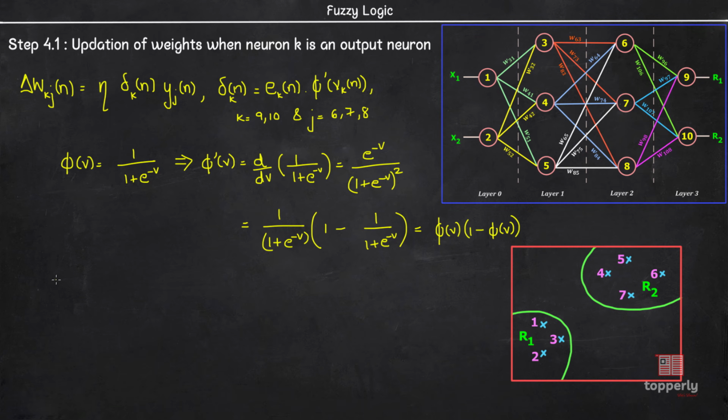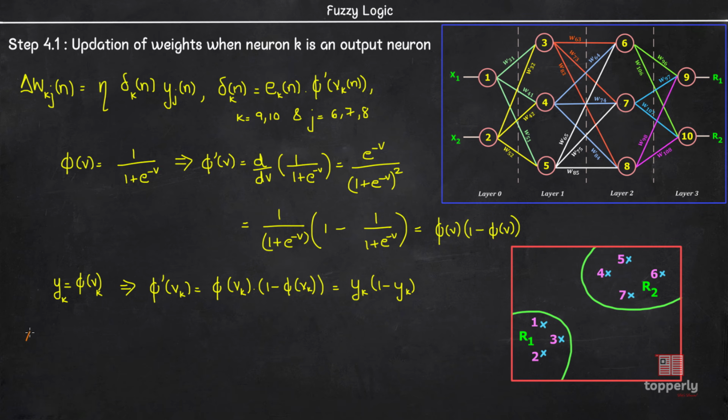But we also know that y is equal to phi of v, or more specifically yk is equal to phi of vk. Therefore we can write phi dash vk is equal to phi of vk into (1 minus phi of vk), which is equal to yk into (1 minus yk).